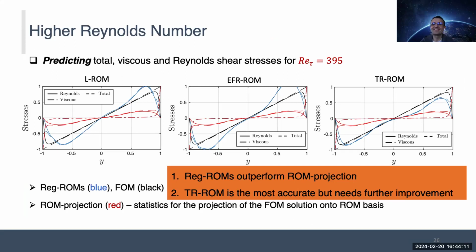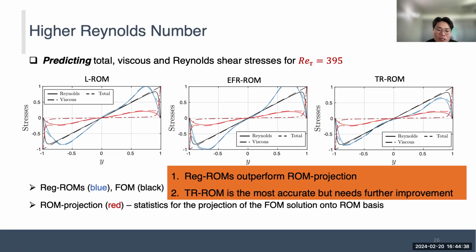Yeah, here we need to be a little bit careful, because normally when we say ROM projection, that's the projection, so we can expect that ROM is not better than projection. But it's because we're looking at turbulent statistics, here the Reynolds stress.